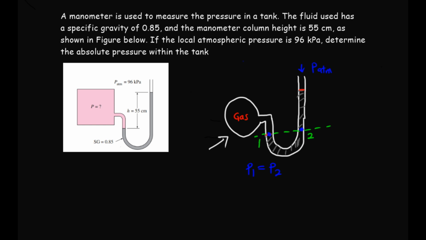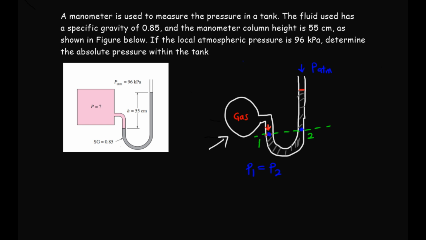So that means that the pressure at this point 1 here will be the pressure due to the gas. So let's take note of these two assumptions. From here let's look at how you are going to calculate the pressure that is caused by the gas in the container.